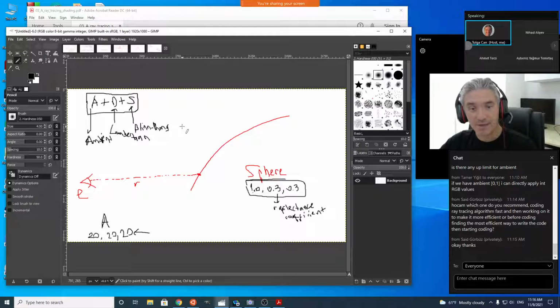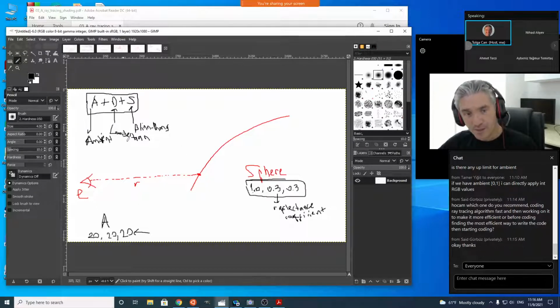In shading, for example, implementing the basic illumination model is not very difficult, but you can first try to have ambient and diffuse only, and see how your spheres look. Then add the specular component. The quality of your image is going to get gradually better. Every step of the ray tracing algorithm is a module you add to your existing ray tracing code. So you can continue doing like that.